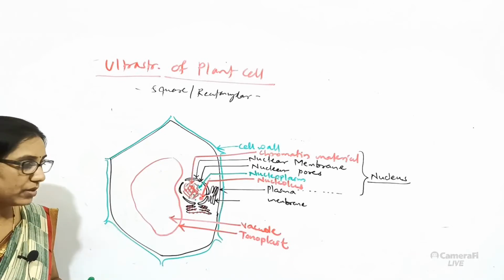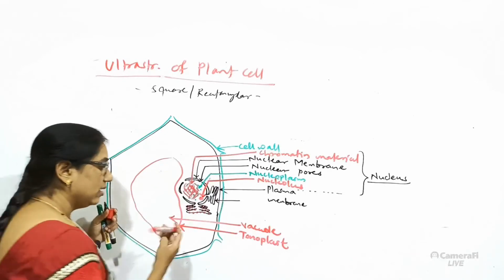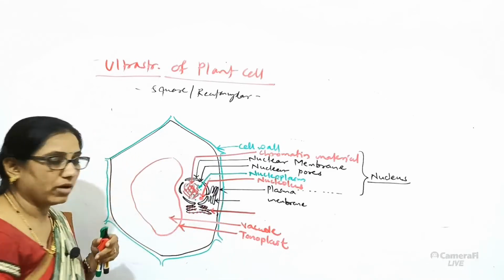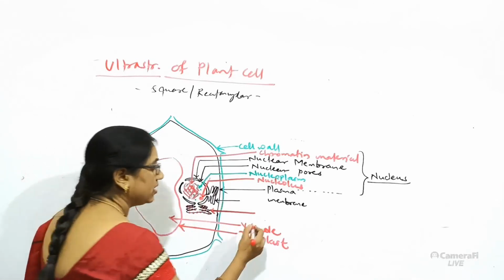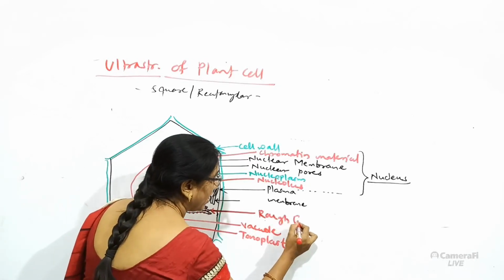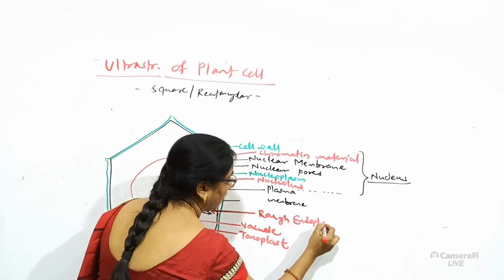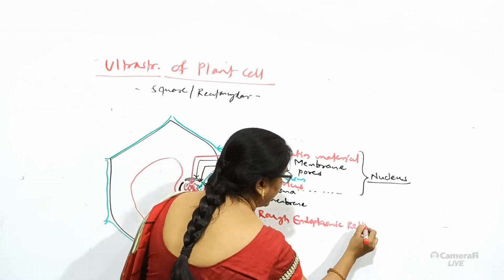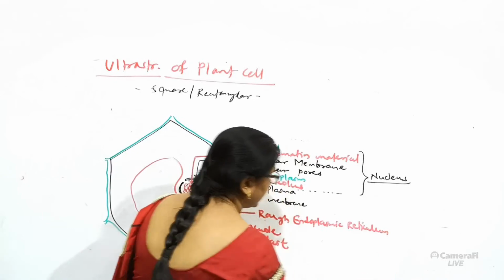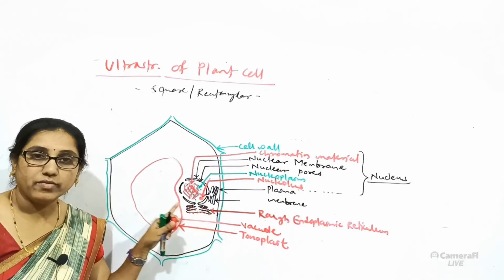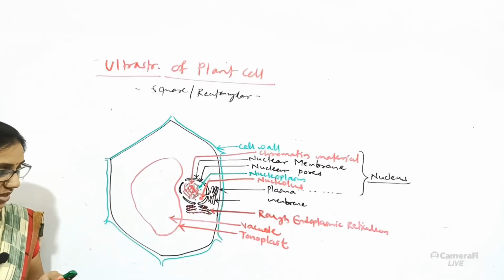And due to the presence of ribosomes, the surface of this endoplasmic reticulum is rough. So what are these called? These are called the rough endoplasmic reticulum. Why is their surface rough? Due to the presence of ribosomes on their surface.